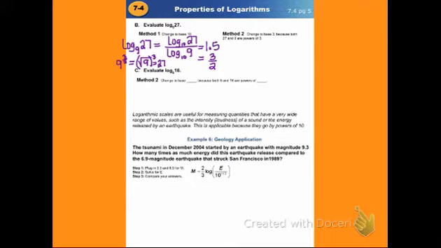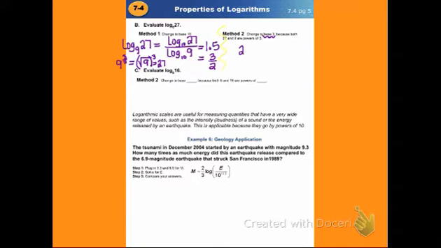Now another way to do this, and remember, you don't have to do both ways, just pick a way in each problem which makes most sense to you, is I could change to base 3 instead. The reason why I would pick 3 is both 9 and 27 are powers of 3.